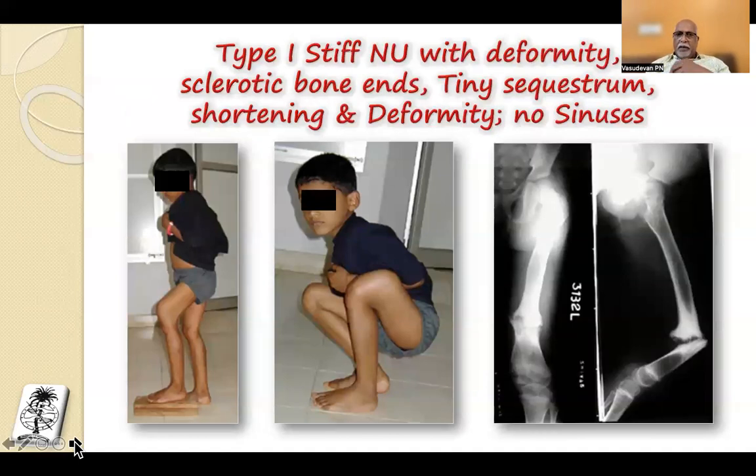So this is an example, a type 1 stiff non-union with deformity, with sclerotic bone ends. Here we can see the sclerotic bone ends. You can see a small tiny sequestrum there and a tiny sequestrum here, but there are no sinuses anyway.